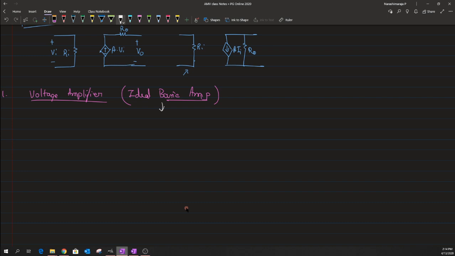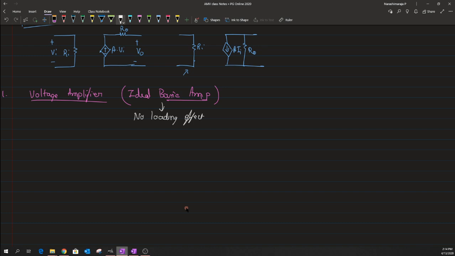So whenever we have this ideal basic amplifier, no loading effect is required. There is no loading effect on these amplifiers, so the calculation becomes much simpler, and that is how I can cover all the amplifiers in a single stretch.